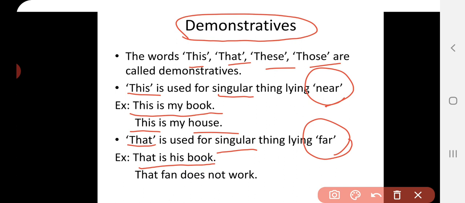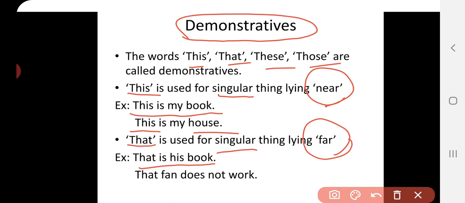This is my book. The book which is in my hand, near me, this is my book. The book which is far from me, that is his book. That book is his. You are standing somewhere and far away on some table a book is lying and you are referring to that book, you are pointing out. Especially demonstratives are used to point out, to show, that is his book.